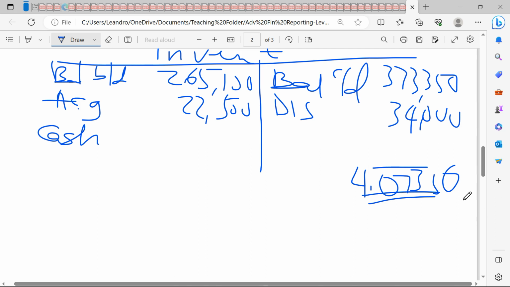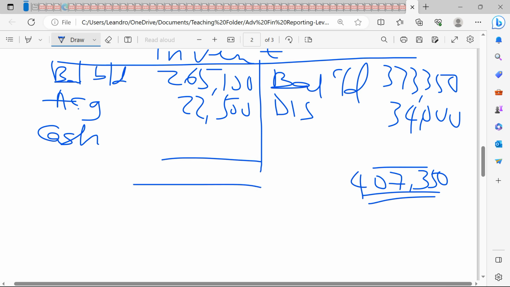So you have 407,350. And so the difference here will be your cash out, because the inventory is increasing, and an increase in inventory is a cash outflow, because you are debiting inventory and you are crediting cash.